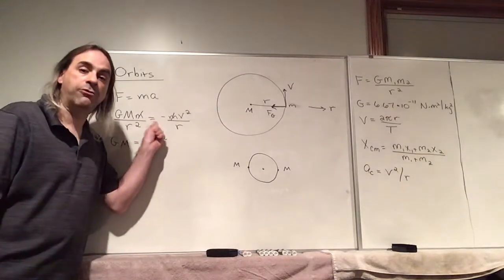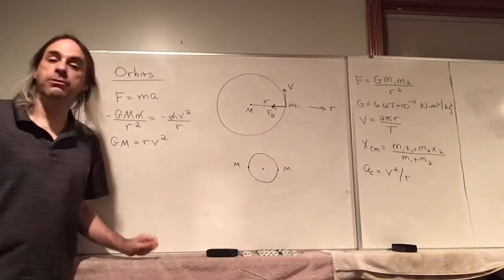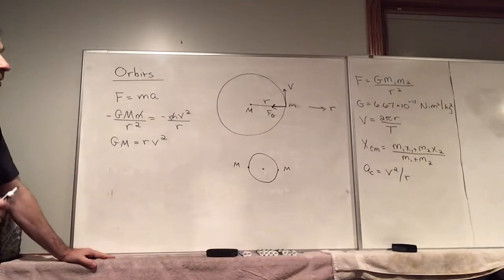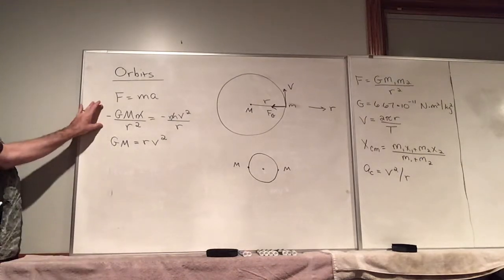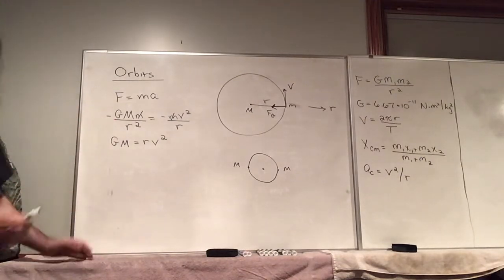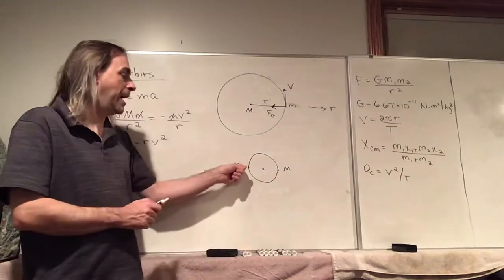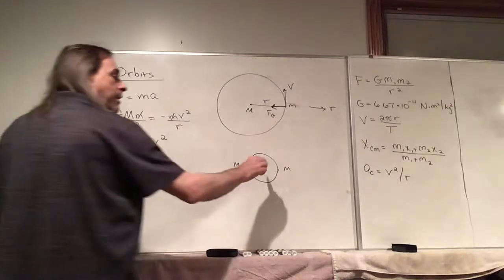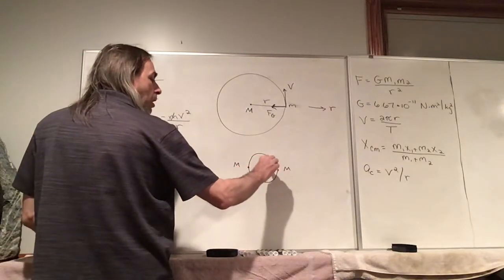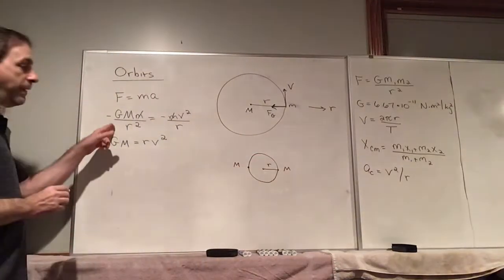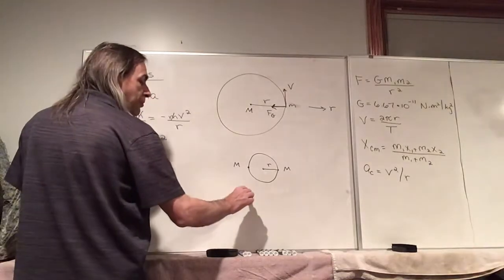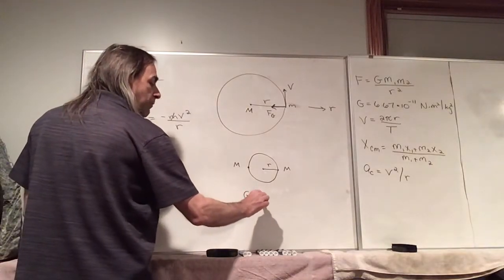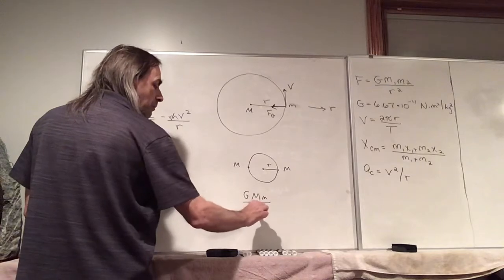This equation would actually be wrong if we applied it to a system like this. On the left side, this is the force of gravity between two objects, where r is the distance between them. So let's say we call the orbital radius little r, then the distance between them would be 2r. So the force of gravity would look like this.